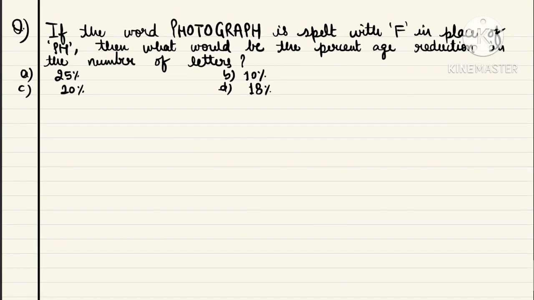Next question. Very good question. If the word photograph is spelled with F in place of PH, so if we replace PH with F, we will write it as fotograf.